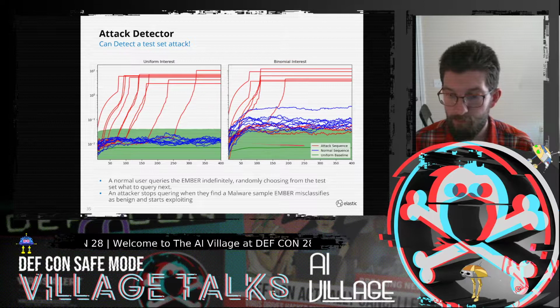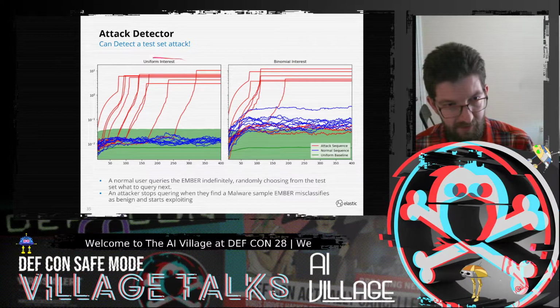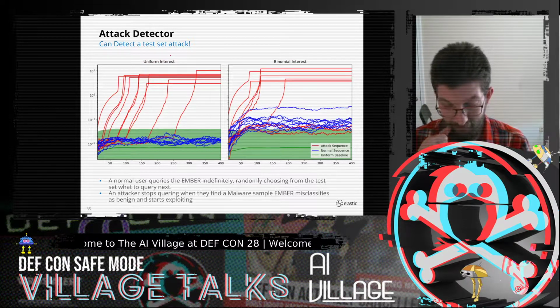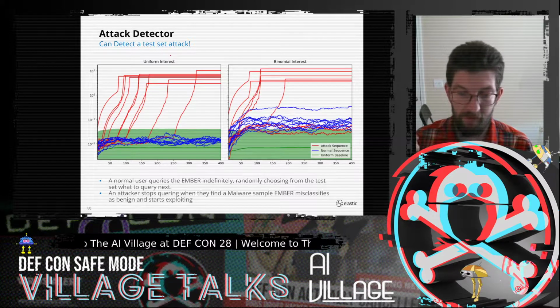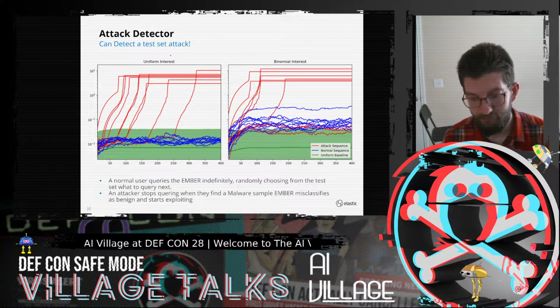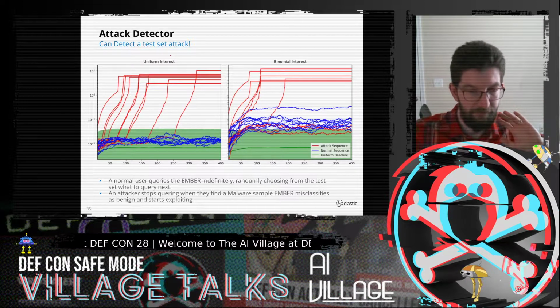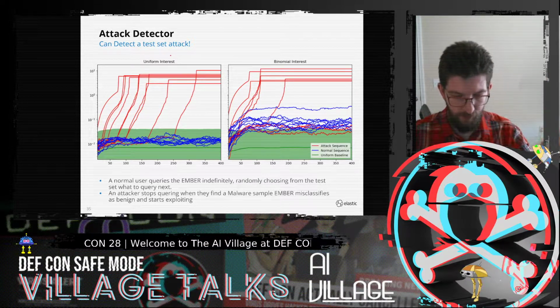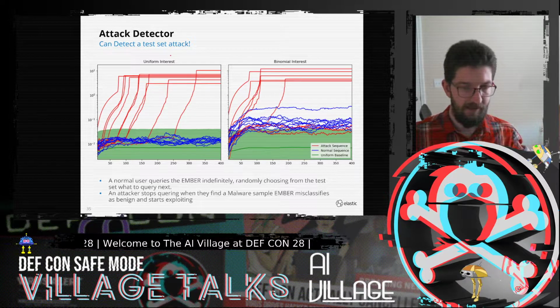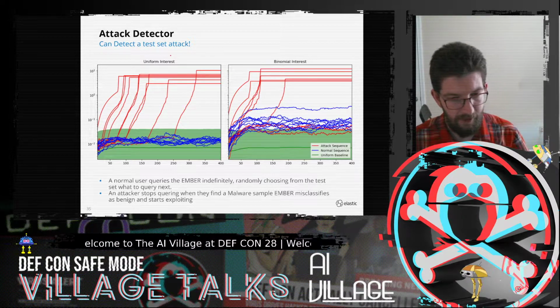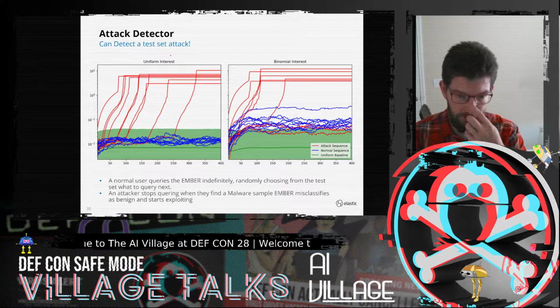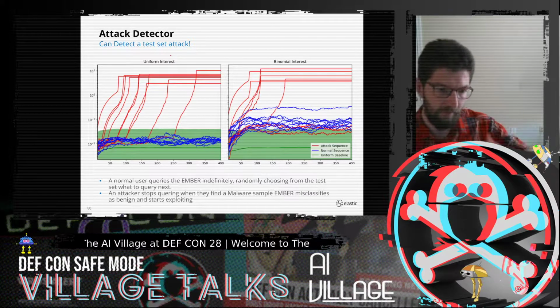And here, this uniform interest is sort of the academic perspective, where they're sampling uniformly over the entire test set. Basically, I'm going to file the entire test set through my model in a random sequence in order to evaluate the efficacy. This is what academics will do to evaluate whether a model is good or bad.